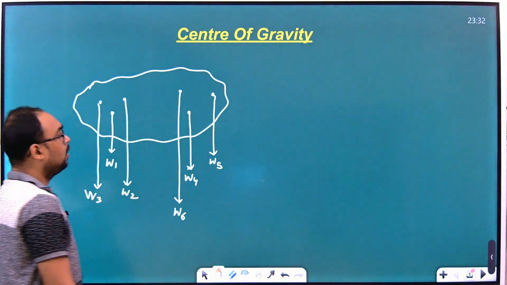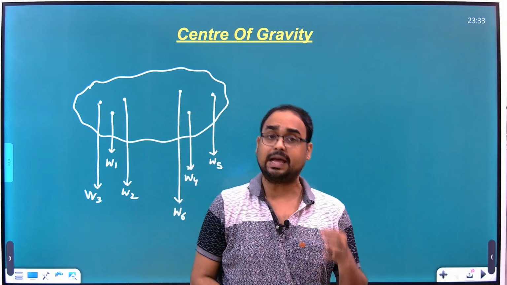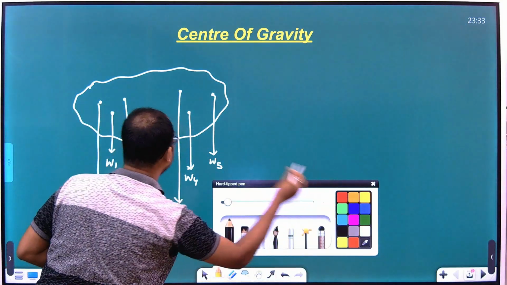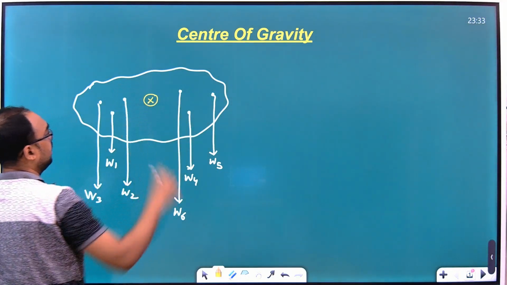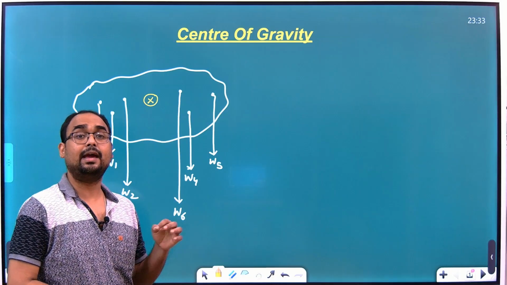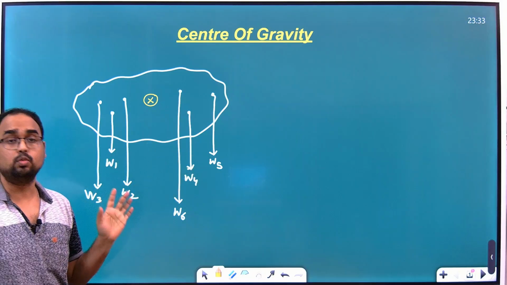Now, what does center of gravity mean? Center of gravity means that it is that point about which the net MOF of all these weights is 0.